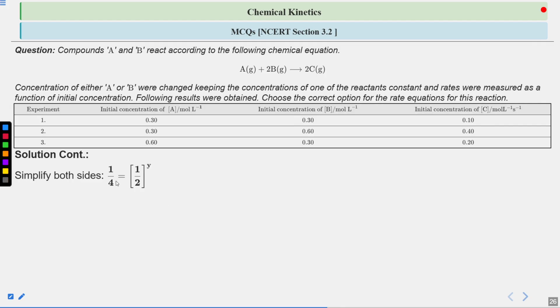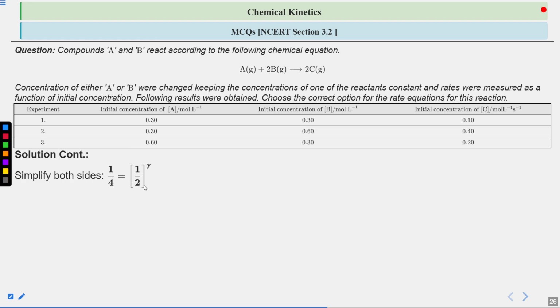Now when you simplify both terms, we get 1/4 equals (1/2)^y. Basically we cancel out whatever terms are common, and the remaining values can be solved, and the final equation becomes 1/4 equals (1/2)^y.